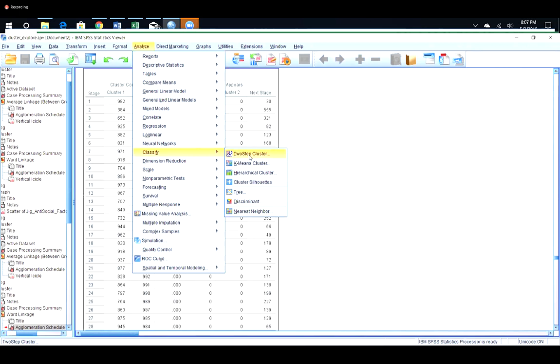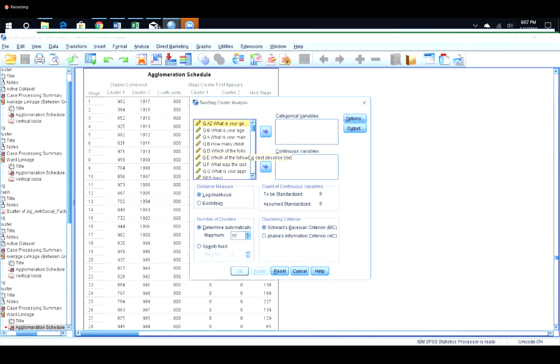What this does is it essentially creates a tree of cluster solutions and then evaluates those based on a criteria, which has the same spirit of looking at that agglomeration schedule. The two standard criteria for doing that are the Bayesian information criteria, BIC, and Akaike information criteria, AIC.